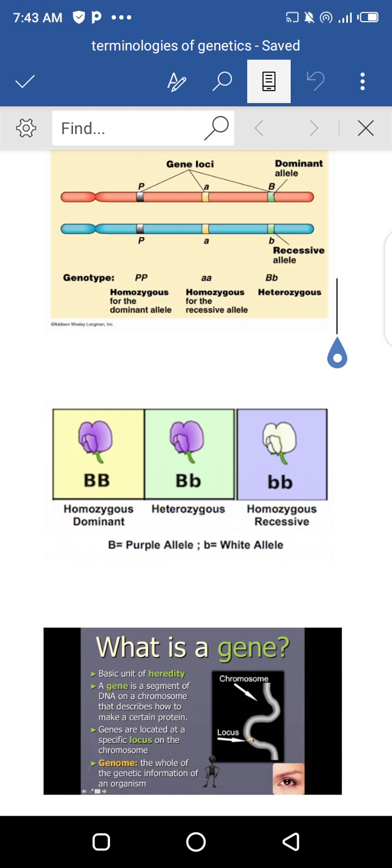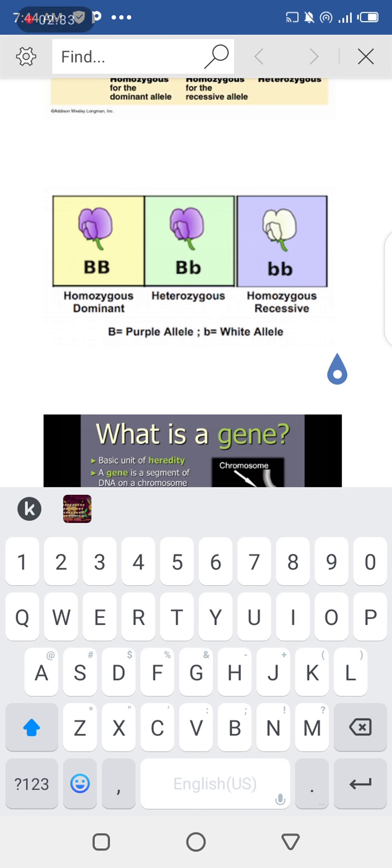The allele which gives the purple color in the pea plant is capital B, and the small b gives white color to the pea plant. The pea plant flower color will be white if there is small b in the pair form. These two alleles, or pair of alleles, give the white color to the pea plant.